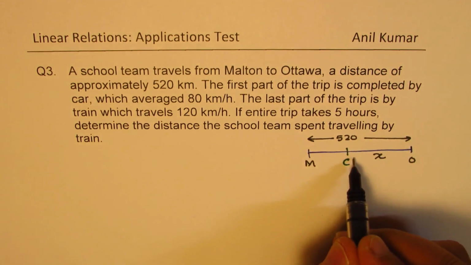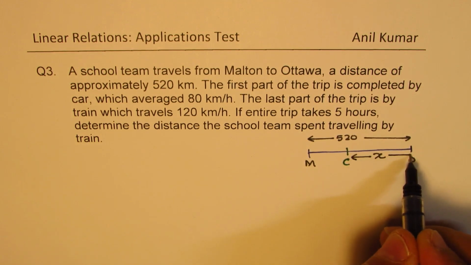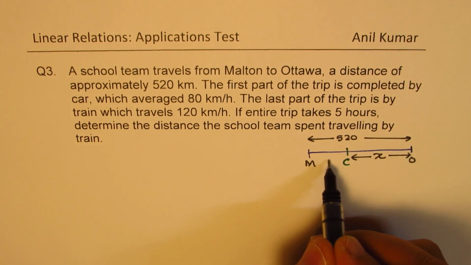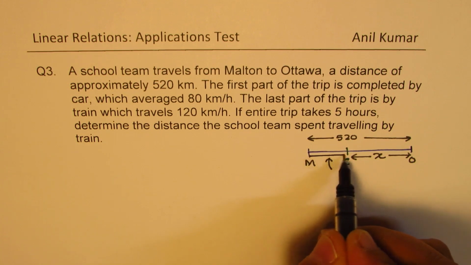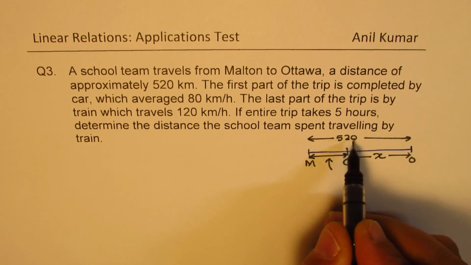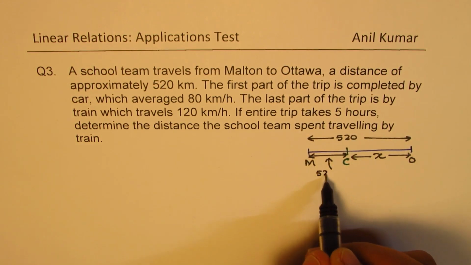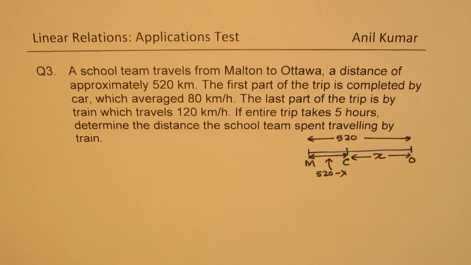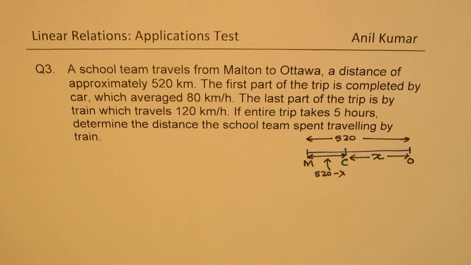That clearly means if this is x, then the distance here will be how much? It will be 520 minus x, correct? So that is by car.